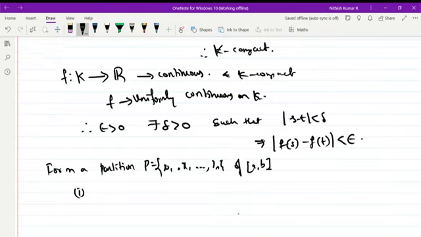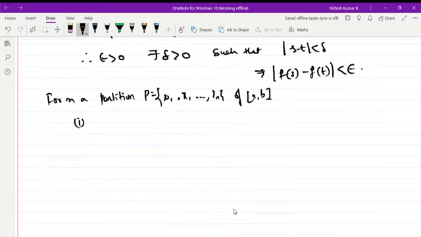The first condition is that uj comma vj belongs to P for all j, 1 less than or equal to j less than or equal to n.